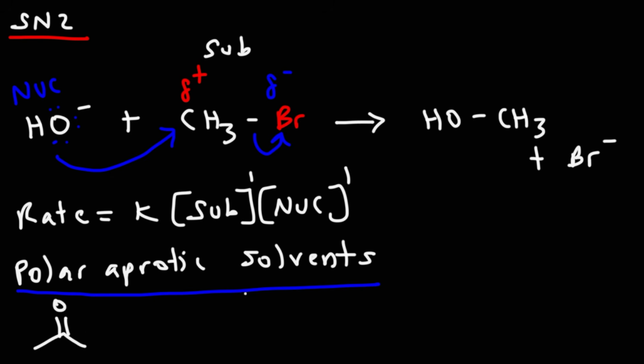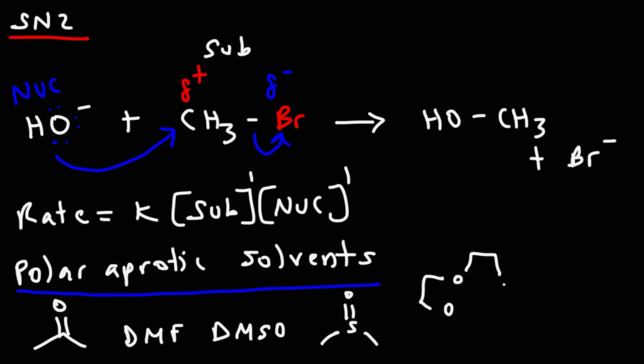It doesn't have any OH groups. Another one you'll see is DMF, and then there's DMSO, dimethyl sulfoxide, which looks like this. Crown ethers. These are all good for SN2 reactions.